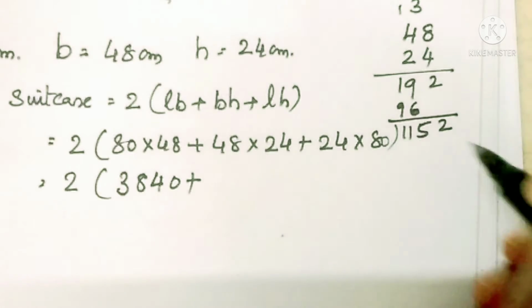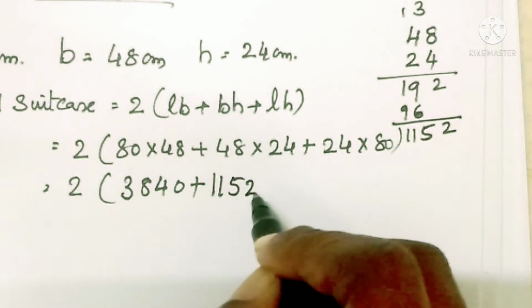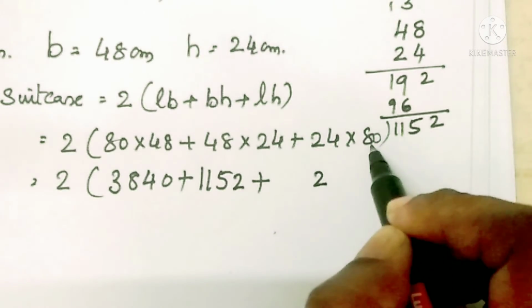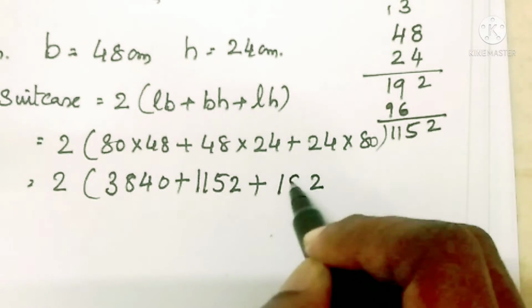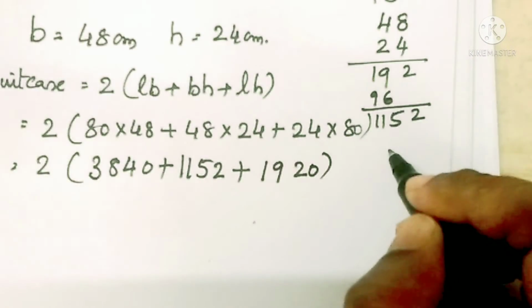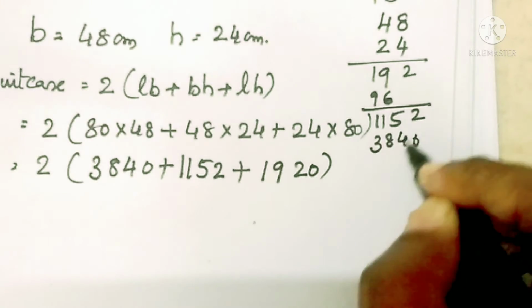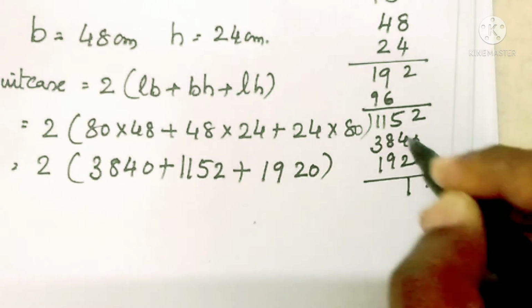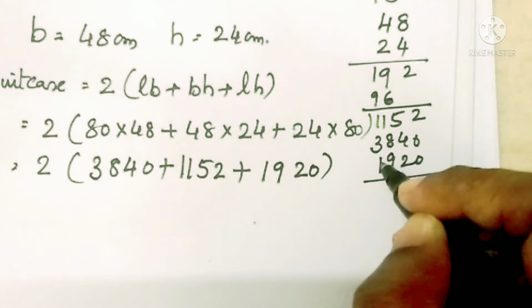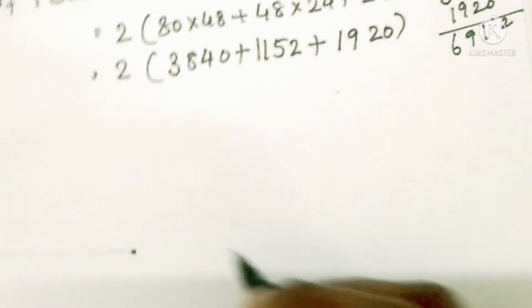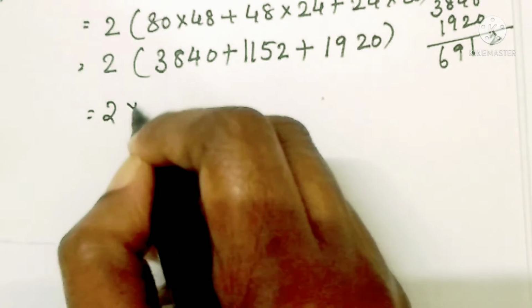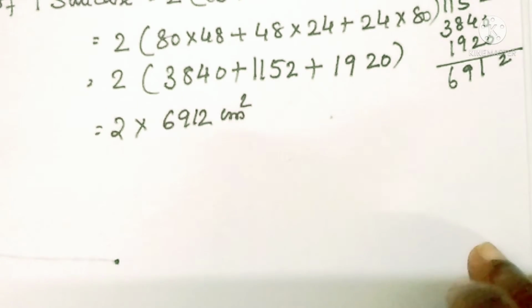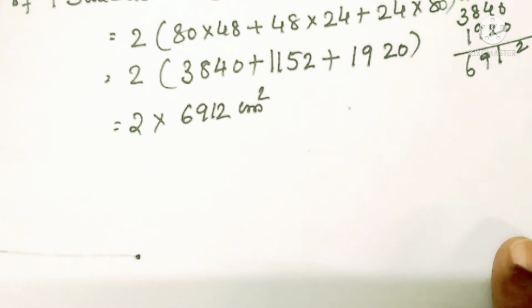So you get 1152. Now 24 into 80 is 1920. Now let us add all this. We got 2 into 6912 centimeter square, which is the total surface area of one suitcase.